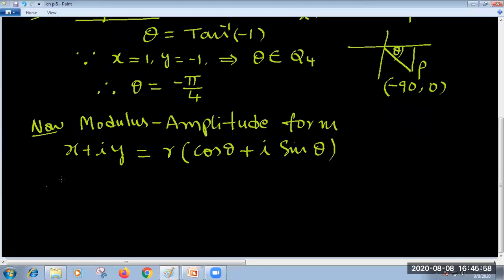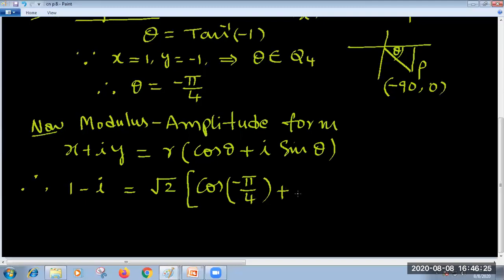Therefore, for this given complex number 1 minus i, the modulus amplitude form has r value root 2, and cos of the theta value minus pi by 4 plus i sin of minus pi by 4.